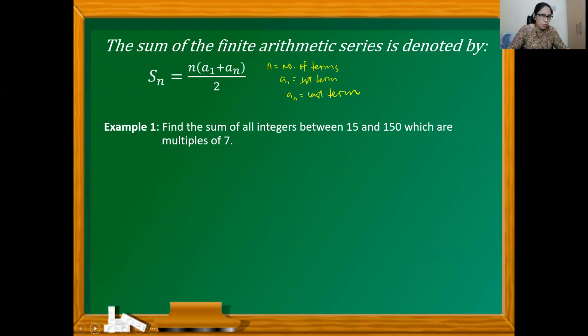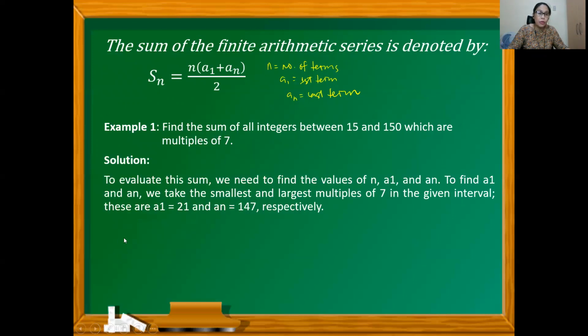First we need to find the values of n, a sub 1 and a sub n, because in the formula it's necessary that we identify each of these terms to evaluate the sum.